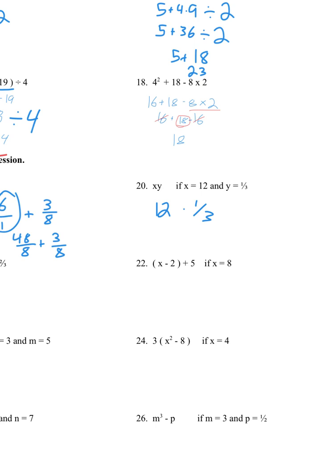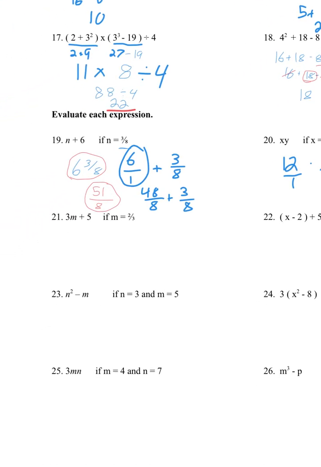So if you multiply 12 times 1/3, you're going to put 12 over 1 and multiply it by 1/3. Top times top. So 12 times 1 is going to be 12. 1 times 3 is going to be 3. Simplified down, you can get 4.